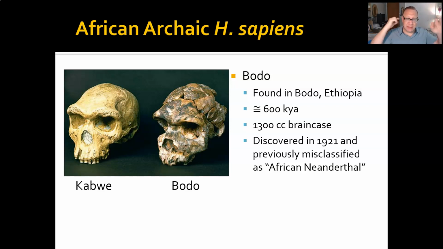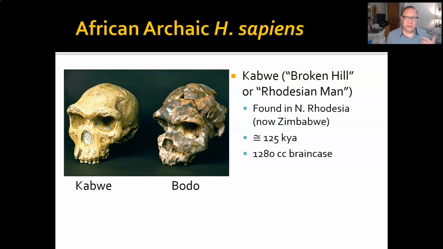So get this idea out of your mind that brain size at this point is the only thing affecting intelligence. Discovered in 1921 and originally was classified as an African Neanderthal because of the similarities with Neanderthals. It had a larger brain case and arched brow ridges, so there was an assumption that it was a Neanderthal.